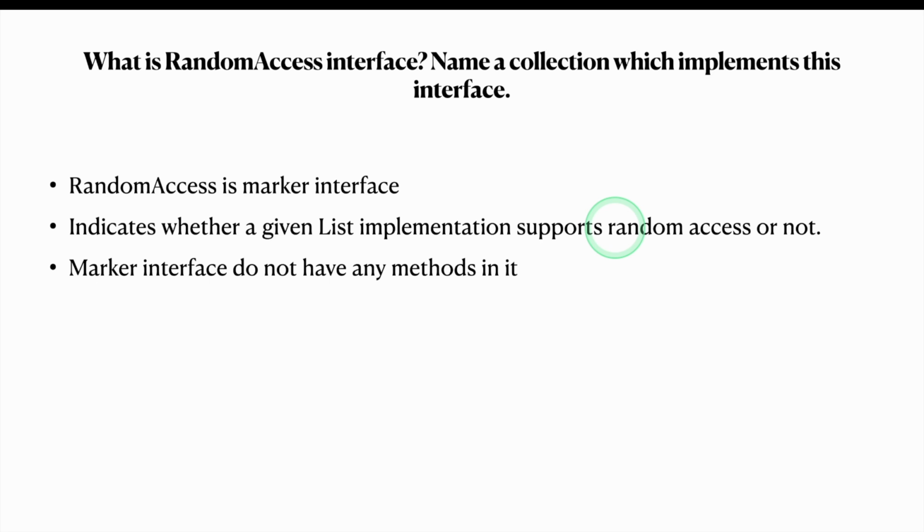Since there are many list implementations, there might be a list which does not have random access, like LinkedList. ArrayList supports random access but LinkedList doesn't. So just to mark that particular implementation of a list, whether it supports random access in constant time or not, this RandomAccess interface can be used.